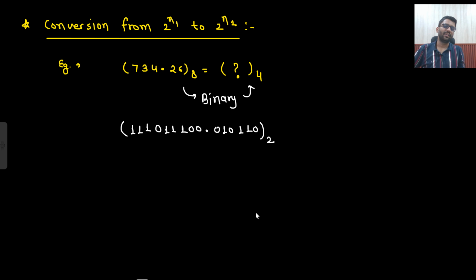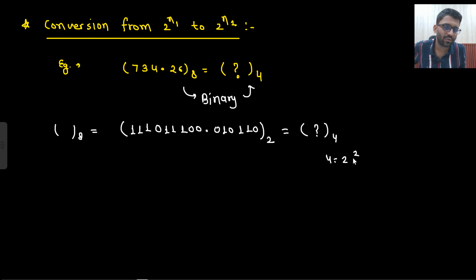So this is in binary. Now from binary to 2 to the power 2 you need to go. You went from 8 to this, basically each number in 3 bits. 4 is 2 to the power 2. So you need to club 2 bits at a time. Here another 0 I will have to add, then 2 bits, 2 bits, 2 bits and 2 bits.